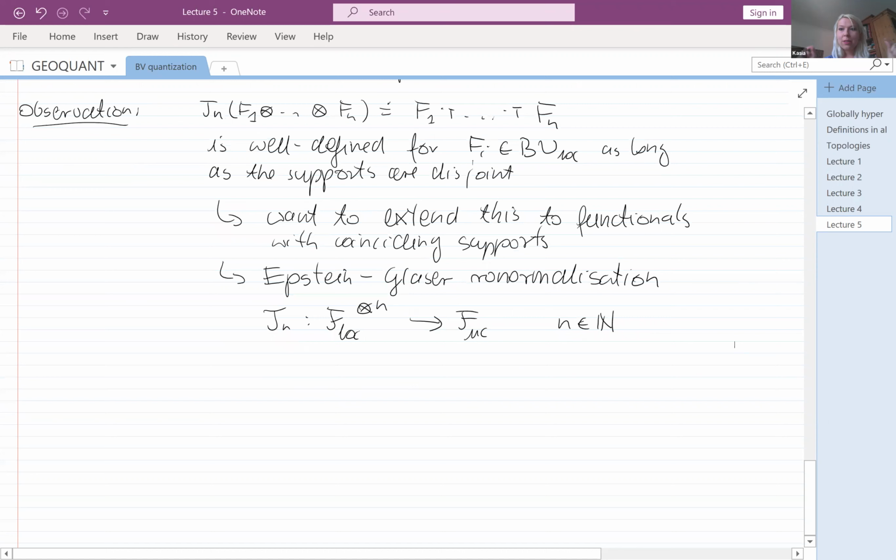And the important guiding property which allows us to actually construct those maps is the following. There is something called the causal factorization property.